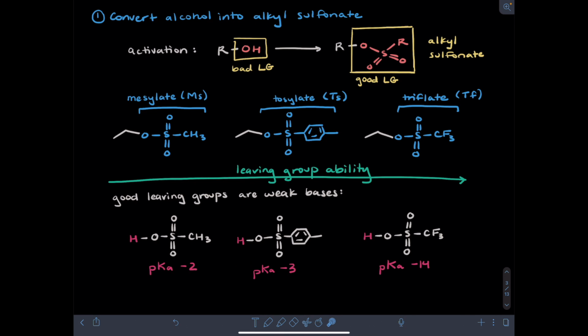The pKa's of these are -2, -3, and -14, really much lower for triflate due to induction from the CF3 group. So the reason the triflate is the best leaving group is because it is the conjugate base of the strongest acid, meaning that it's the weakest base.